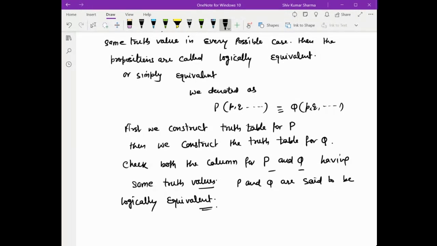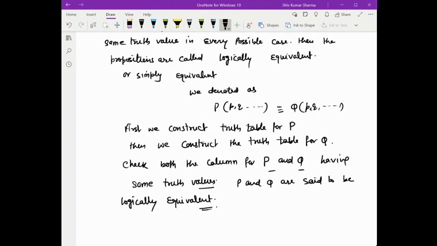Understand? Just we have 2 propositions. Propositions means compound statements. Small p, q represent simple statements. That means small p we denote as Ram is a good boy. Second, q be the statement that Sohan is also a good boy. And we make a compound statement P and Q: Ram and Sohan both are good boys.